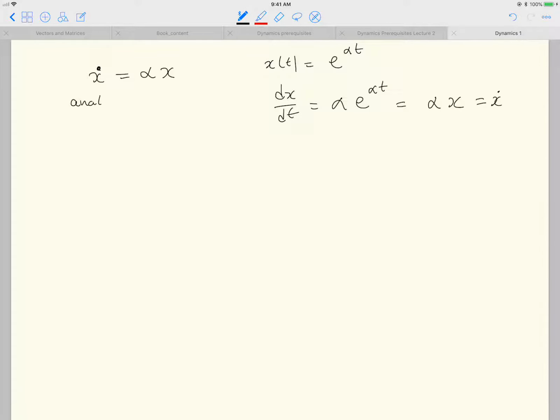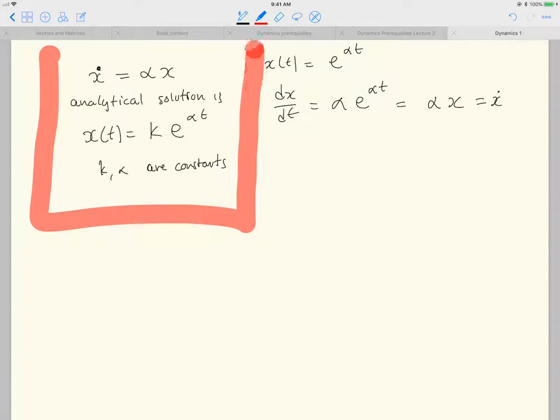I'm just going to write out the fact that this is the analytical solution: some constant k times e to the alpha t, where k and alpha are constants. Everything is going to boil down into that one, so that one you really want to sear into your heads.